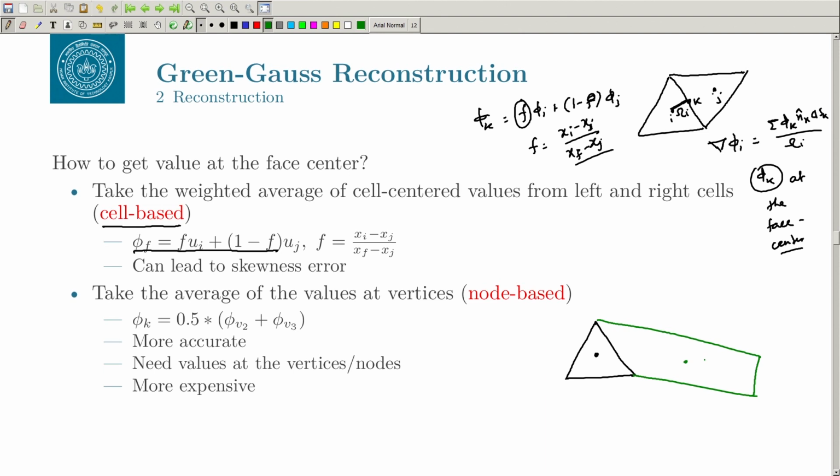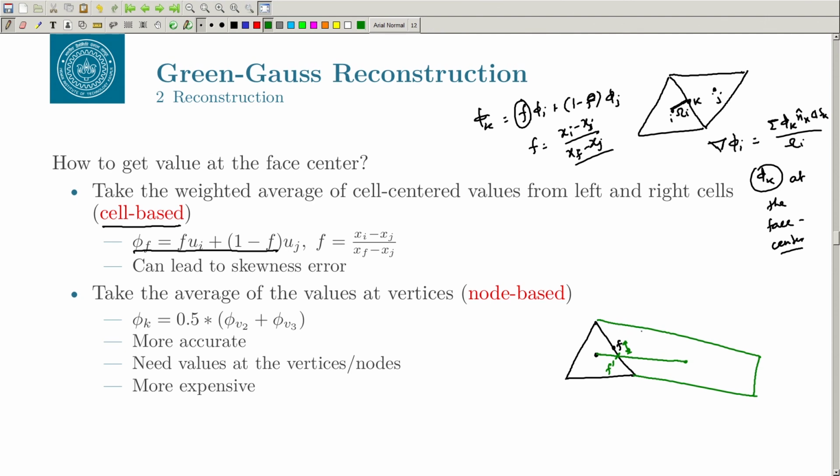And because you are assuming the linear interpolation, you are calculating the value somewhere here, right. But in the last class we discussed that you need to get the value at the center of the face, which is here. This is my center of the face, but when we are using the cell based weighted averaging to calculate the value at f, you are getting the value at f prime, right.